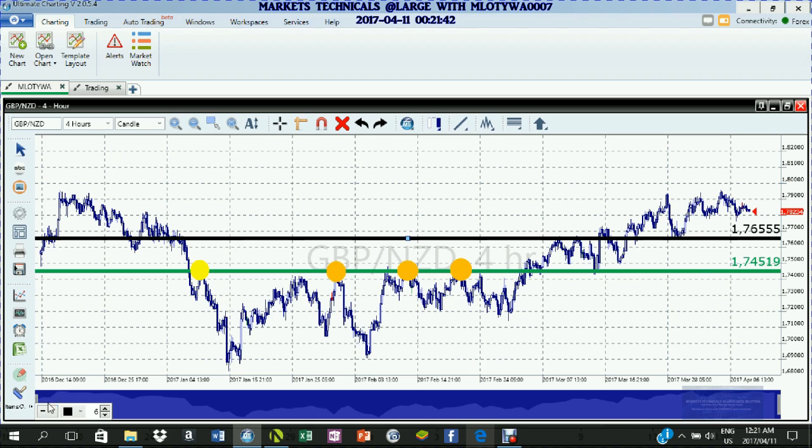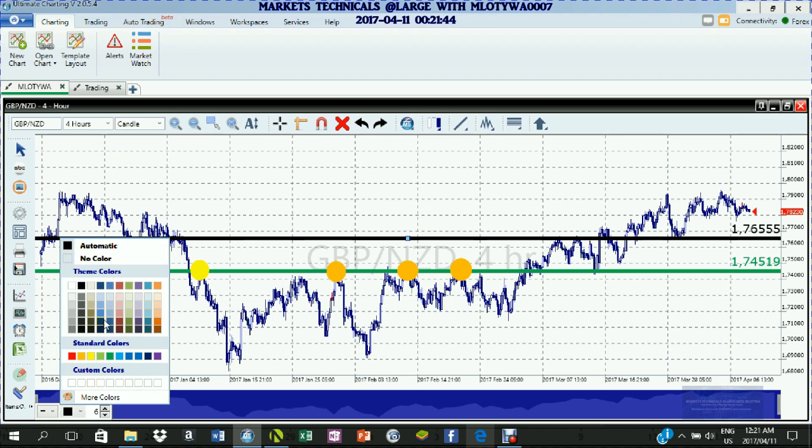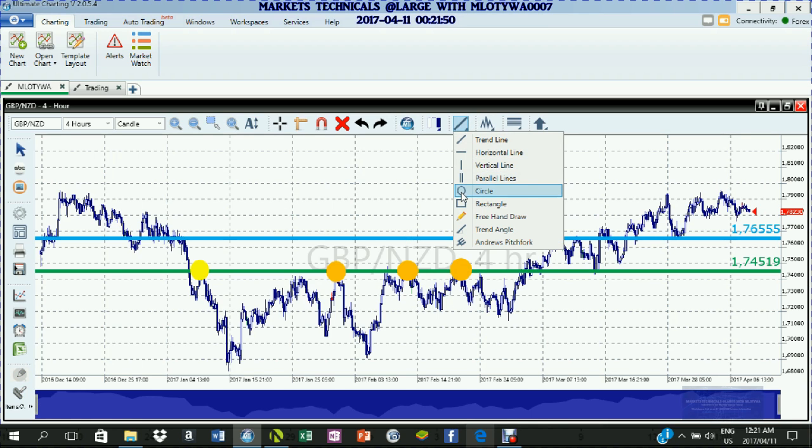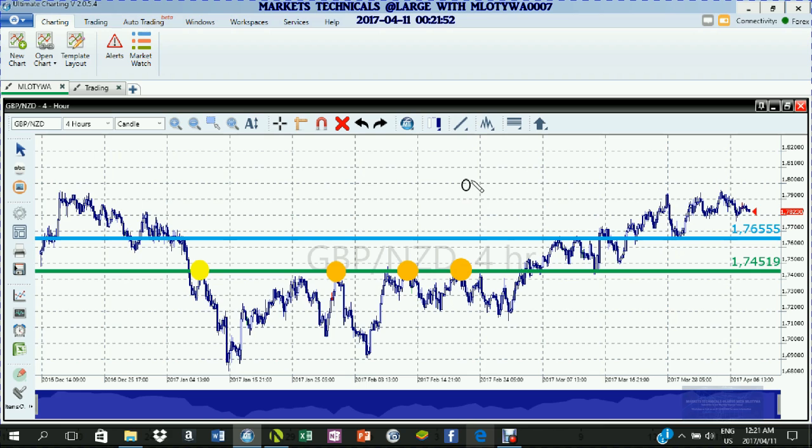Let me give this one a different color. The resistance points I'll denote with the yellow color, and the support points I'll denote with a different color, which I'll choose after that.